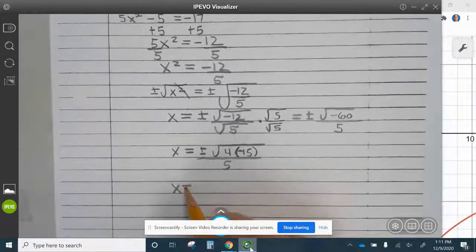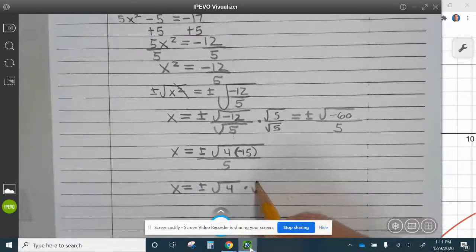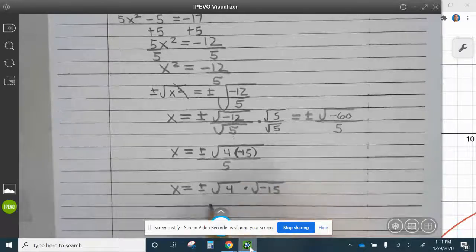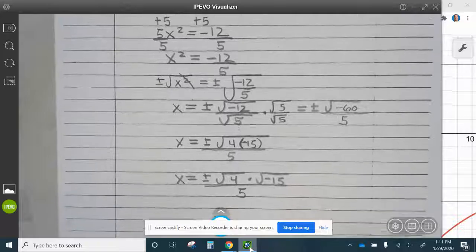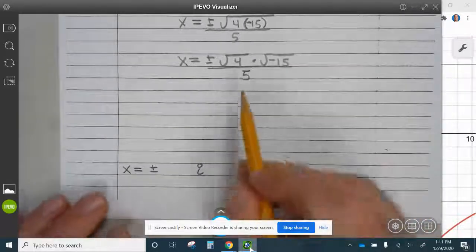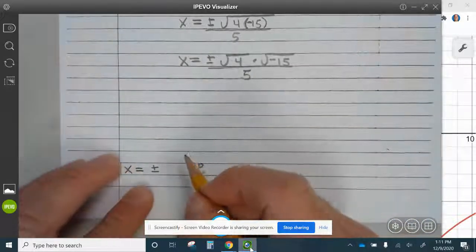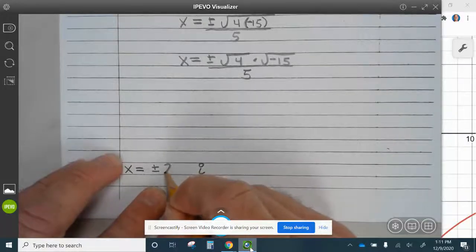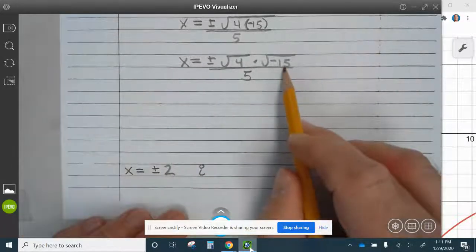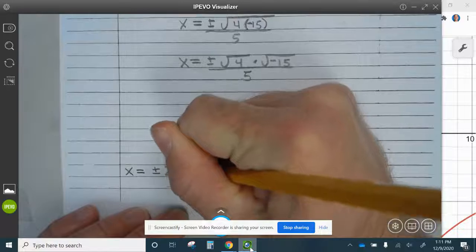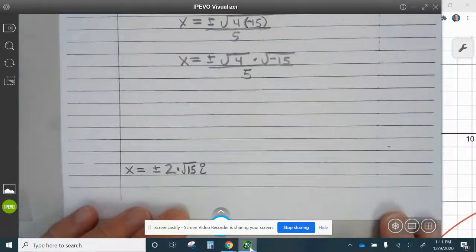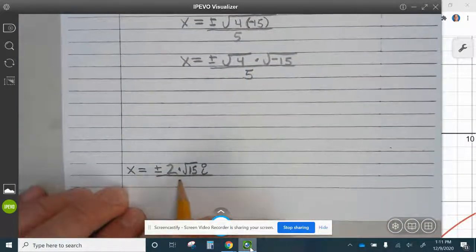Well, then we know that's x equals plus or minus the square root of 4 times the square root of negative 15 divided by 5. Well, the square root of 4 is 2, so plus or minus 2. And then we know the square root of negative 15 is i times the square root of 15, so this is plus or minus 2 times the square root of 15 i divided by 5.